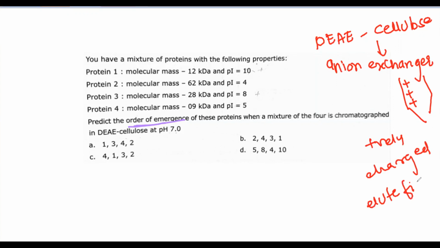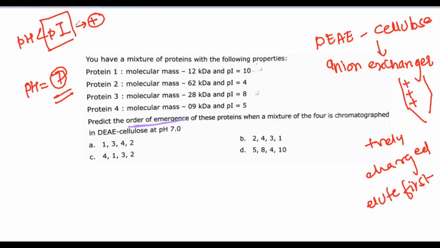So let us check. Now the pH is given 7. pH equal to 7. And we know that if the pH is less than the pI, then it will be positively charged. My pH is 7. So let us check which protein has a pI that is greater than the pH.